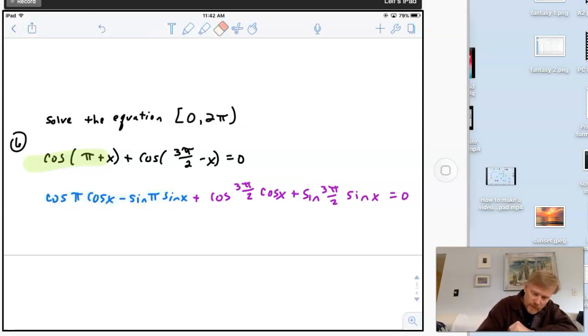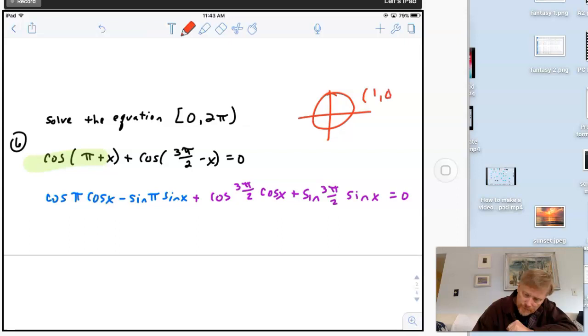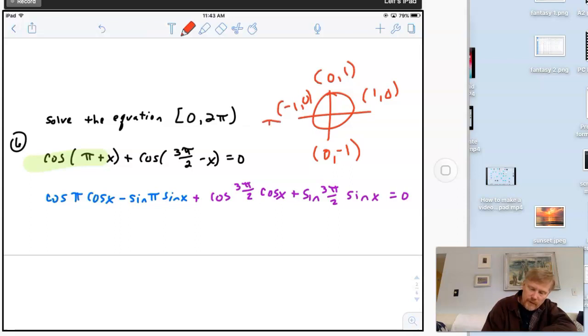The cosine of pi, remember, once again, we're going back to this unit circle here with the zeros and the ones. So the cosine of pi is halfway around, and cosine's the x, so that's -1. Sine of pi is 0, so that's 0 times sine of x, which cancels out.